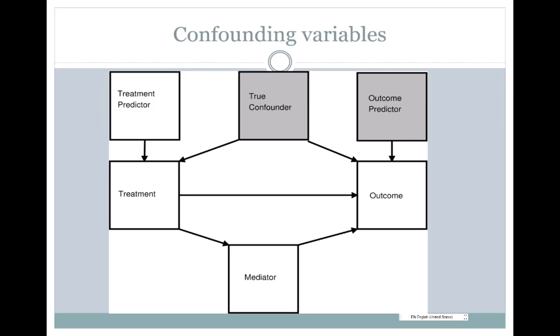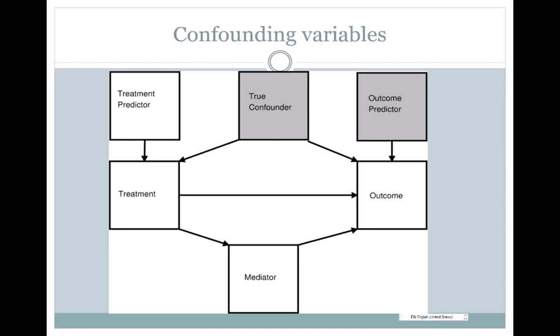A confounding variable will lead to bias if ignored in the analysis of data from a quasi-experimental design. Now, a true confounder is a variable that's related to the probability of treatment and to the outcome.